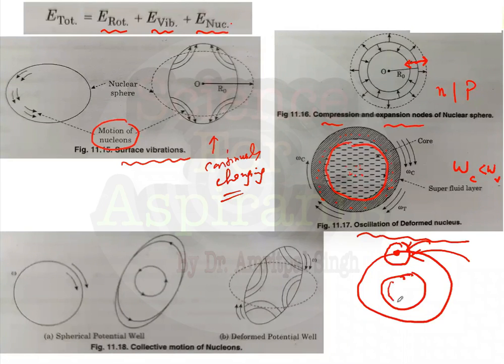nucleons in the core, although they are even or paired up, but they are also playing a role in the quadrupole moment or magnetic moment, in changing the magnetic moment of the nucleus, because they are not fixed.